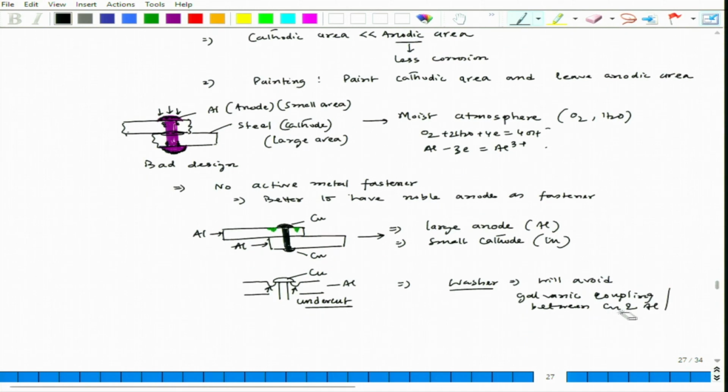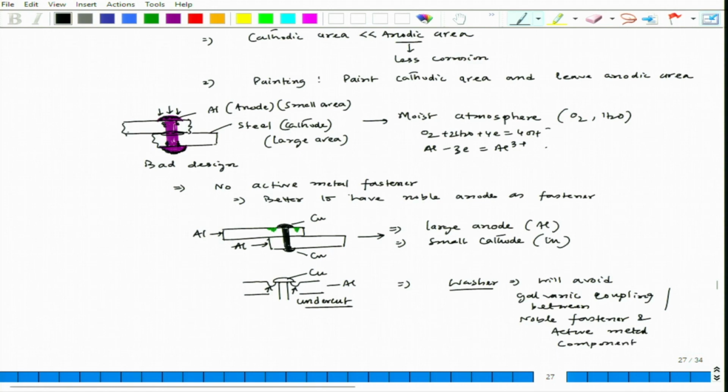So, in fact this will avoid coupling between a noble fastener and the active metal piece, which are to be fastened.